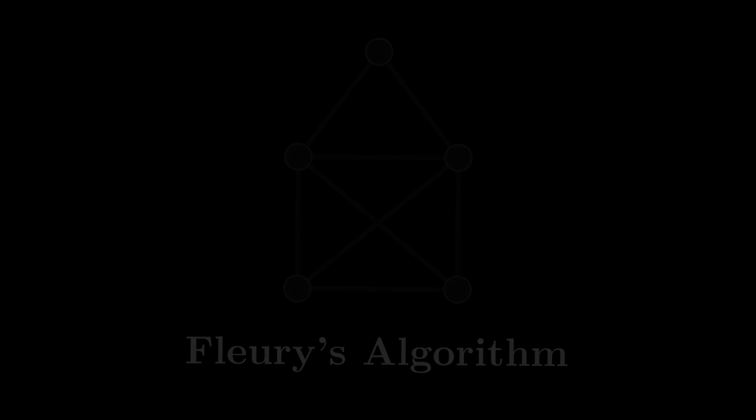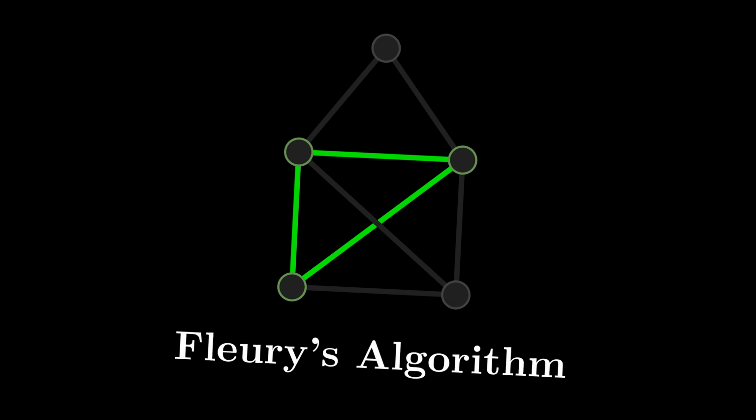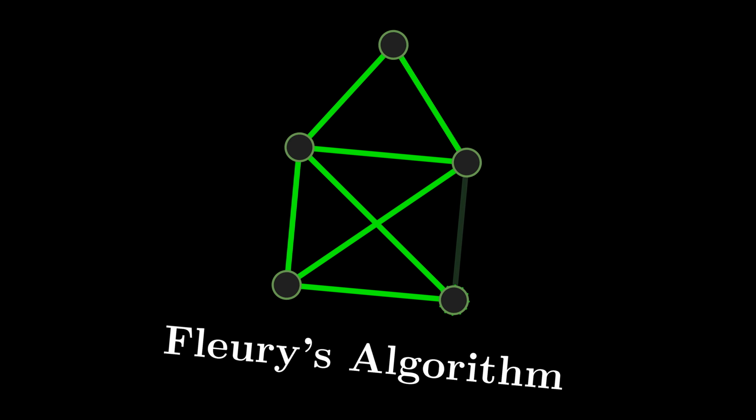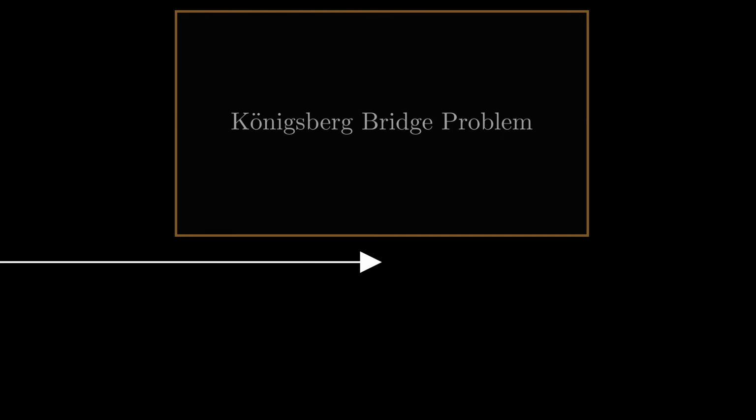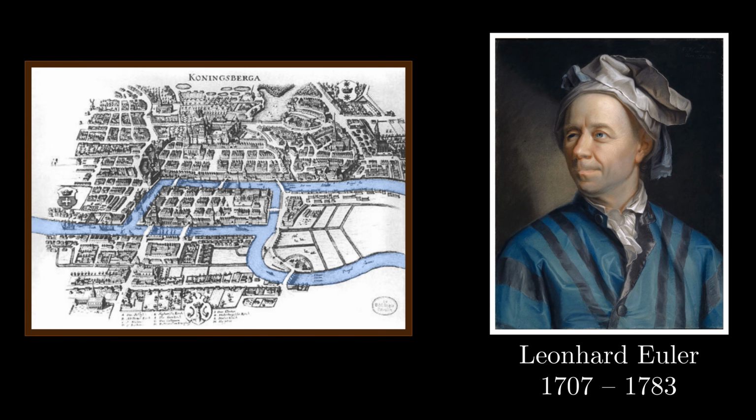Another application of graph traversal algorithms is Fleury's algorithm, an algorithm for creating Euler trails and circuits in graphs. In Chapter 1 we saw that Euler trails and circuits have been motivated by the Königsberg bridge problem, which was solved by Leonhard Euler in the 18th century. The problem involved deciding whether there's a walk through the Prussian town of Königsberg that visits every bridge exactly once.